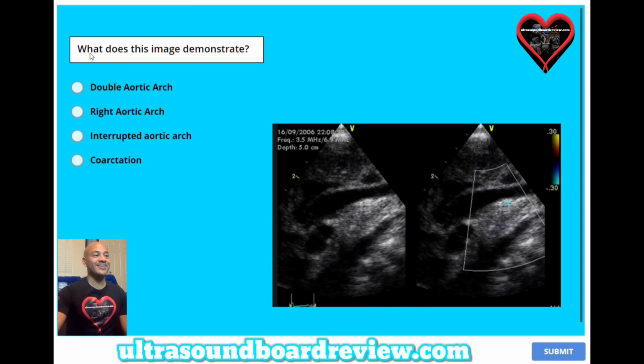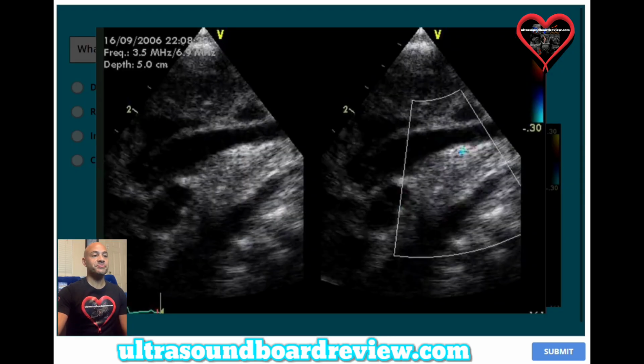Question 113. What does this image demonstrate? A, double aortic arch, B, right aortic arch, C, interrupted aortic arch, or D, coarctation?